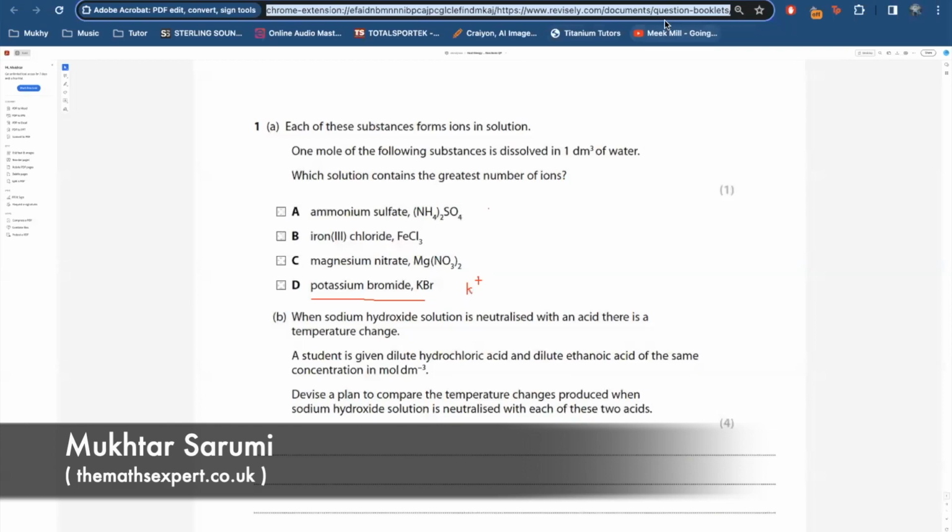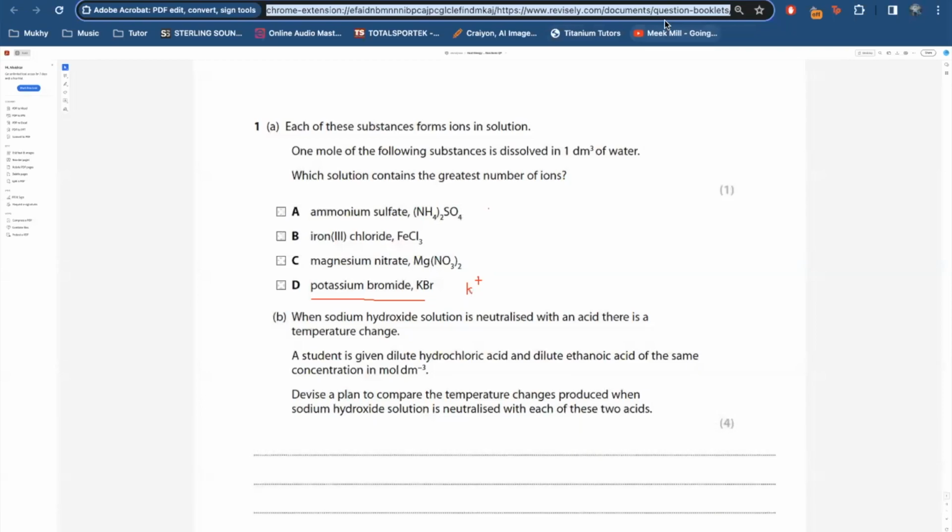That's super important, the periodic table. Great. And then can you tell me what group potassium is in? Oh, it's in group 1.